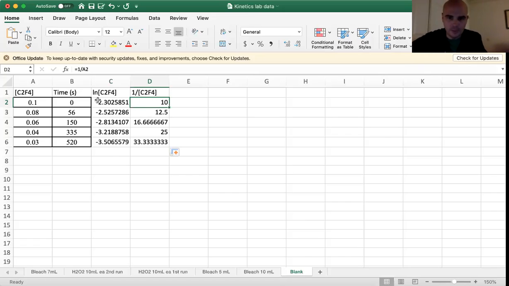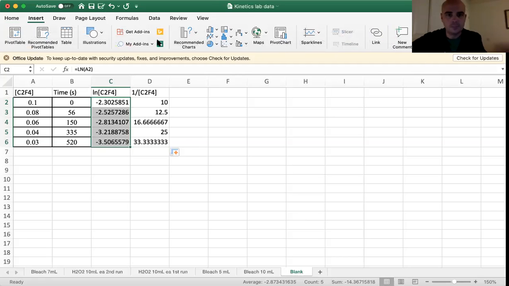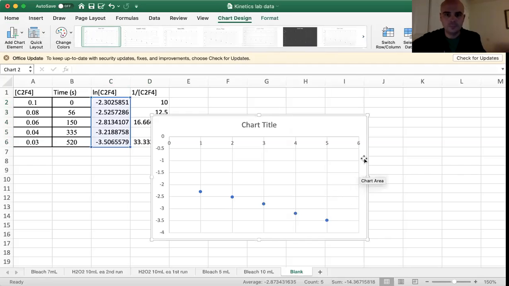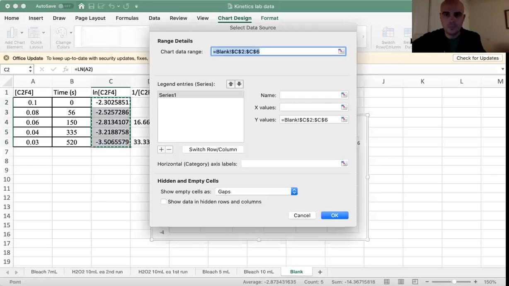So then when I graph these guys, I'm going to pick them one at a time. So I'm just going to take my natural log of the concentration and I'm going to insert another chart. And it's already looking pretty linear, but I'm going to make sure. So I'm going to go up here to select data so I can put in my X values, and those are the time.